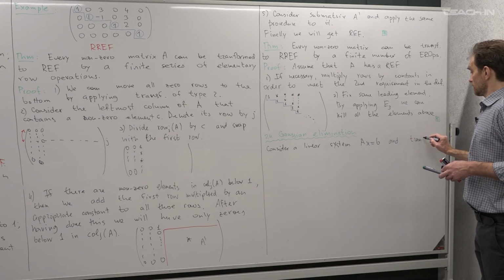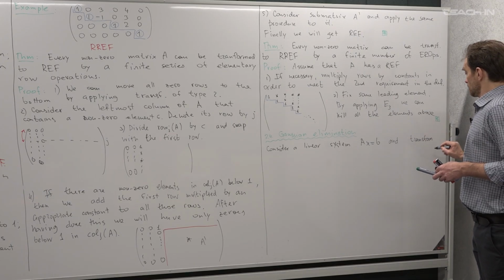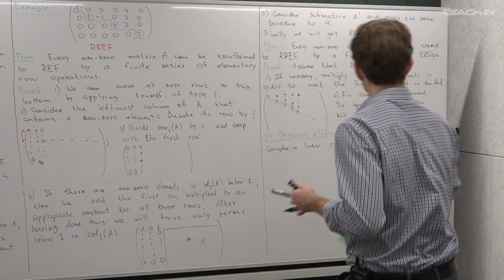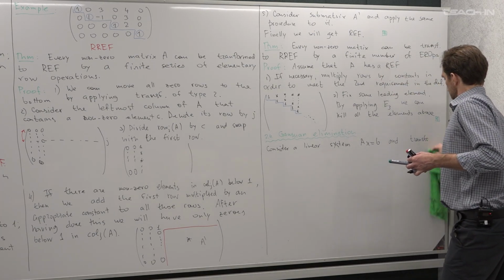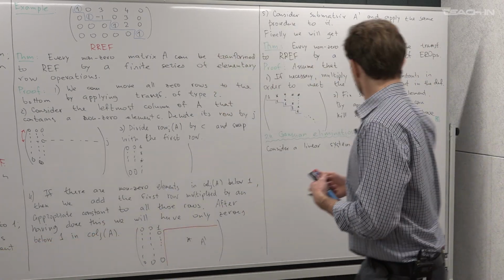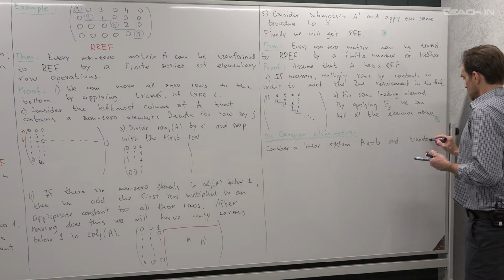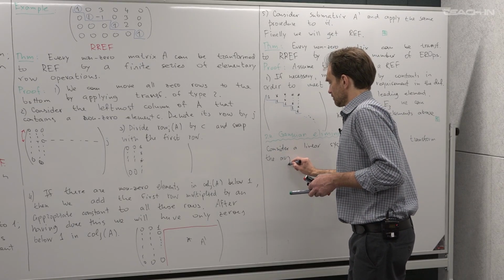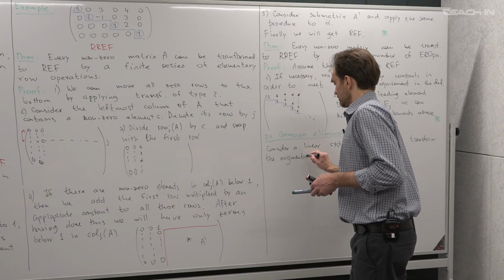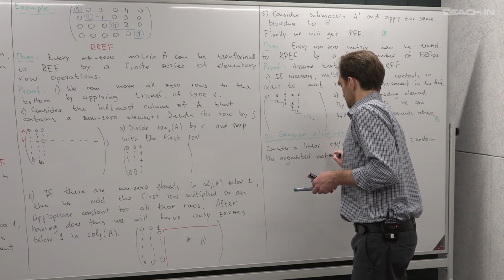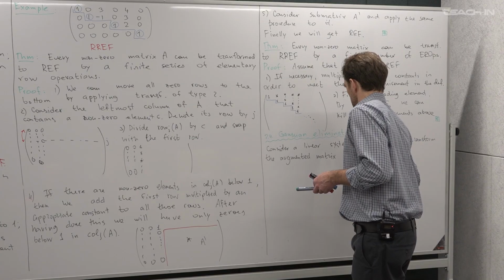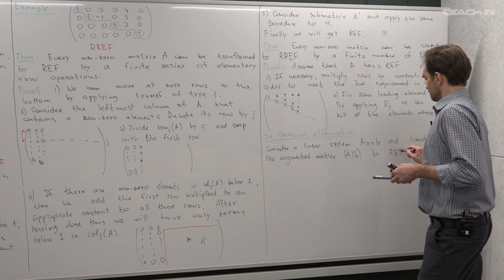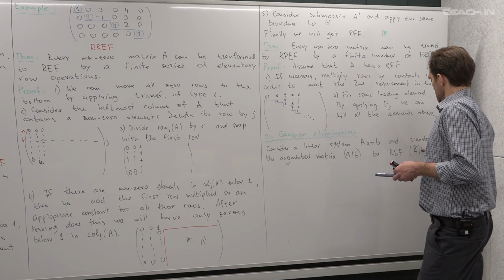Transform the augmented matrix to row echelon form, A tilde, b tilde.